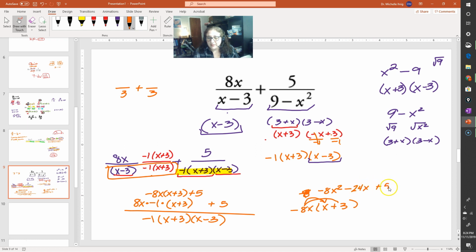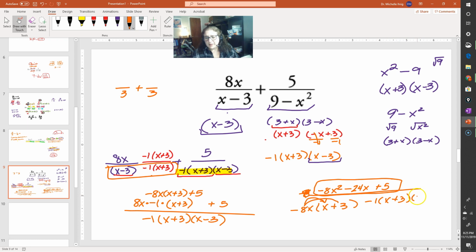And then I've got that positive 5. So that's going to be my ugly, ugly numerator. Where's my mouse? Okay. And then now that you've had your ugly, ugly numerator, then we have that denominator, which we had before.